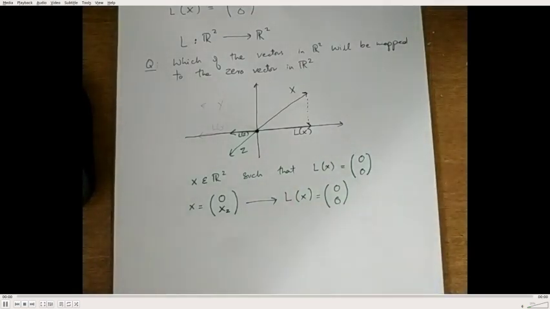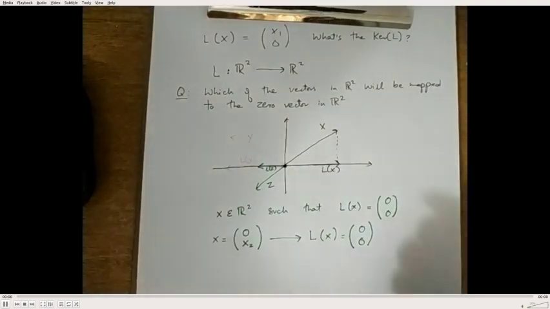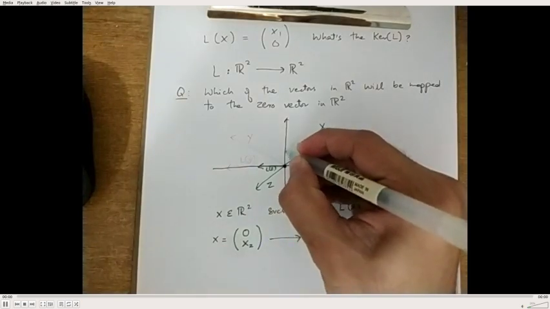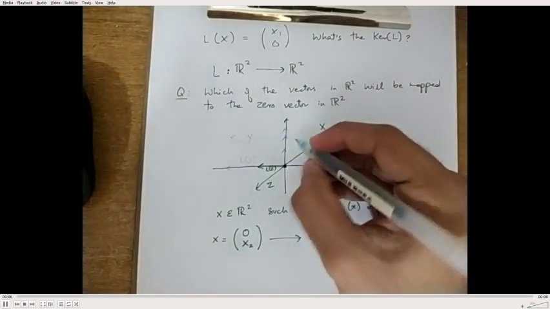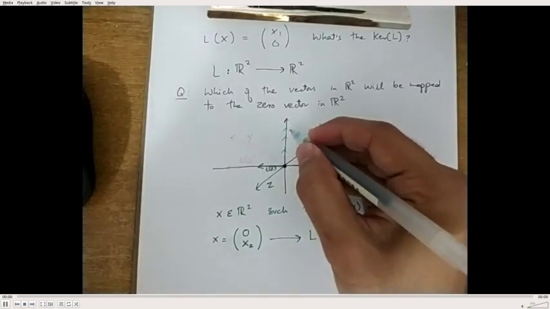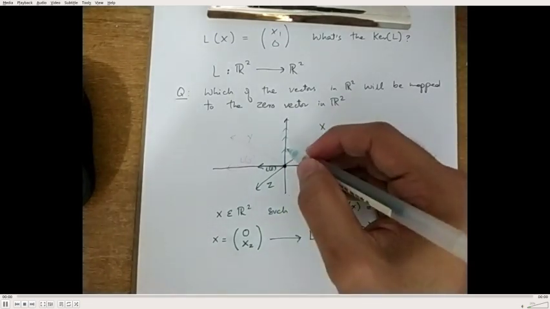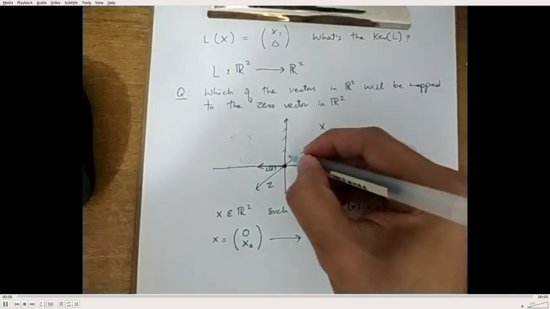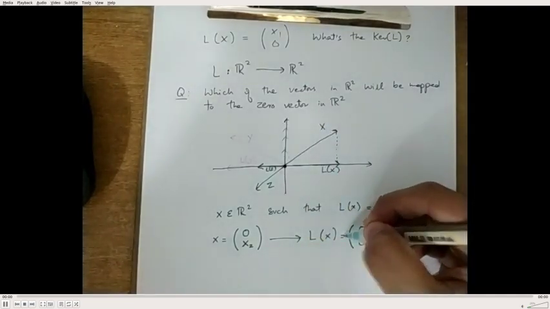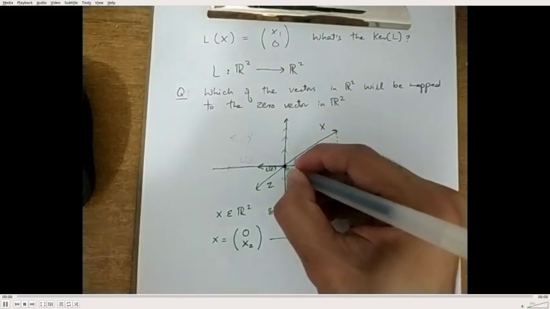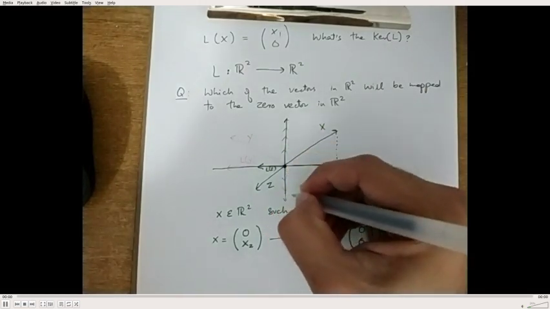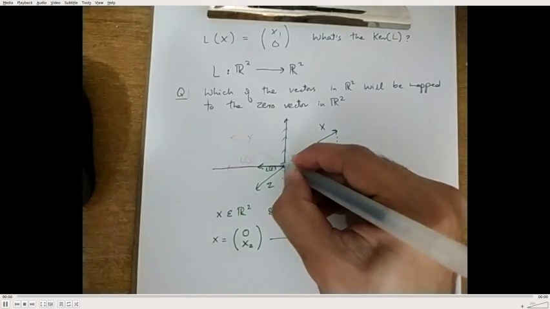These vectors just lie on the vertical axis. When they don't have a horizontal part already, and you apply this linear transformation which removes their vertical part as well, all of them, the negative ones as well, will be mapped onto the 0 vector.